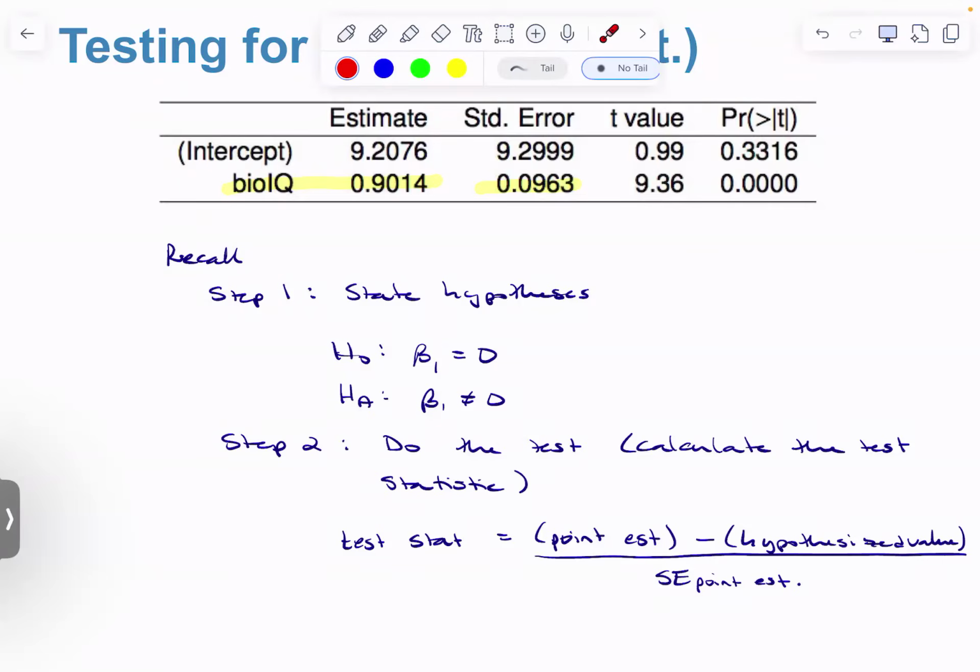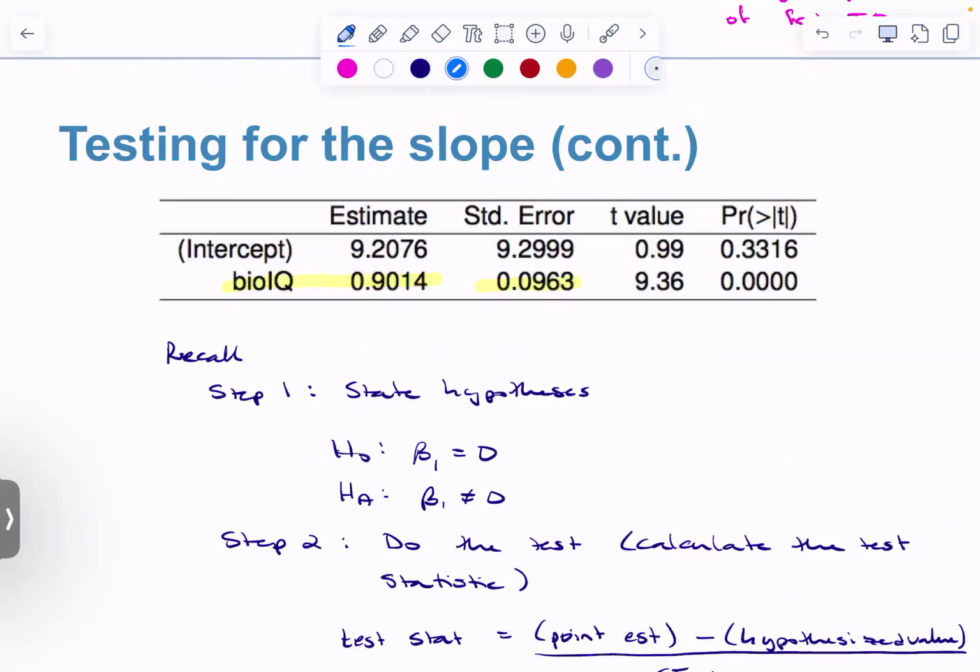And the reason we can ignore the degrees of freedom is because it also gives me the two-sided p-value, right? And so here, this is my test statistic. And this is my two-sided p-value. One for the intercept and one for the slope. And if I'm focusing on the slope, that's the one I want.